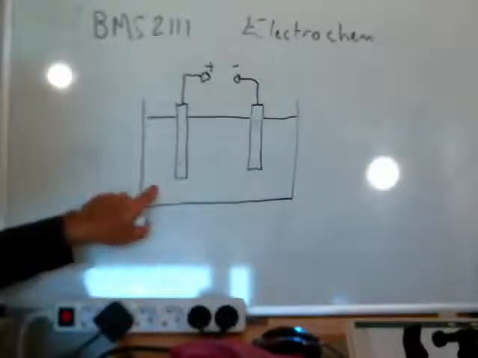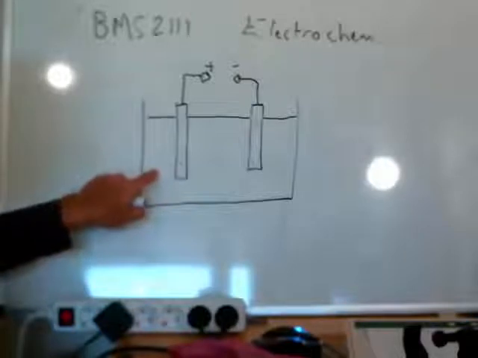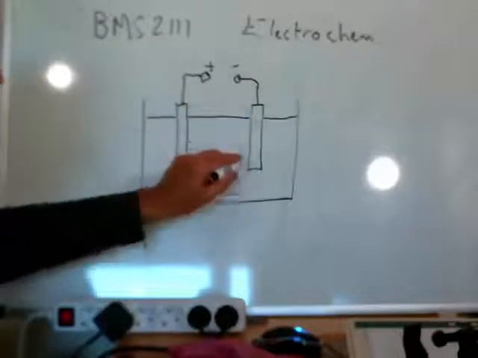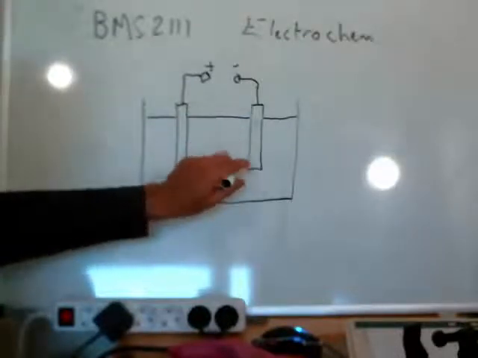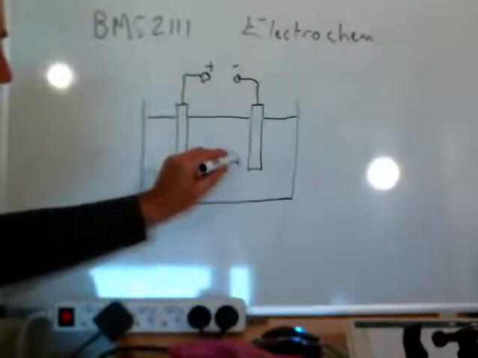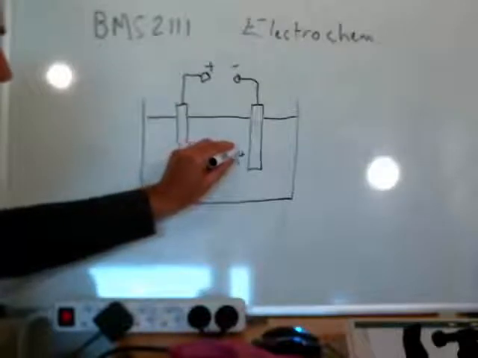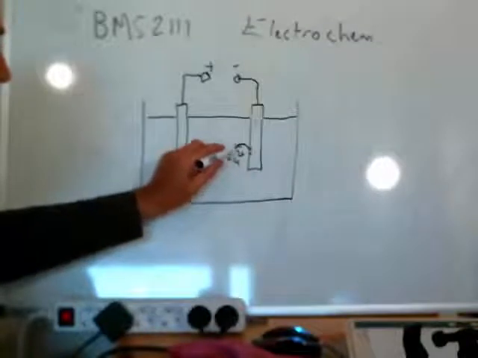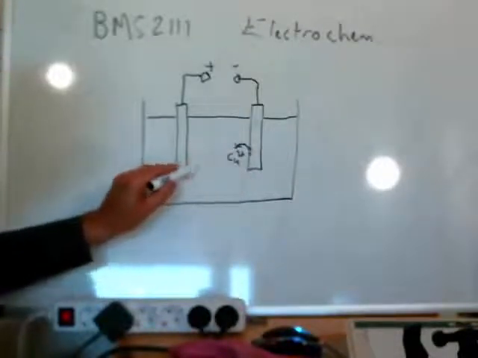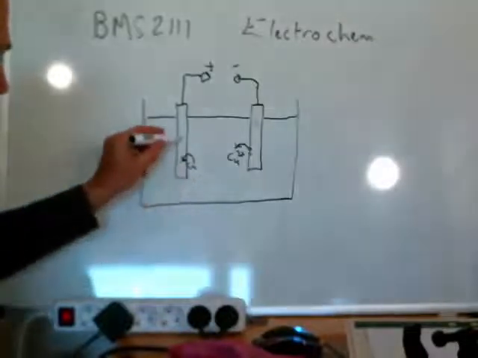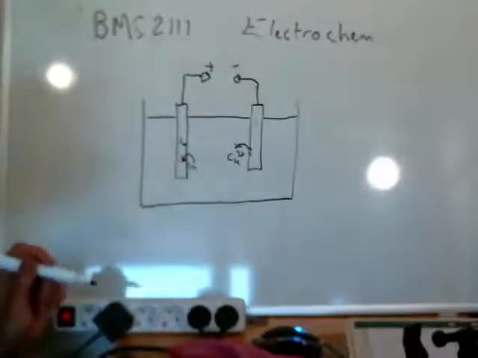We don't know what charge they have compared to the solution, but we know that the same amount of charge, so if current flows in the solution, we've got some ion, let's have copper in here, copper 2 plus, going to this electrode, collecting electrons from the electrode, and this way we've got a copper on the surface giving electrons to the electrode and coming off, so this is copper electrode, coming off as copper 2 plus.